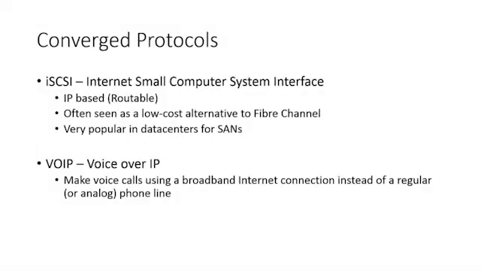And then VoIP, I've talked about that a couple times already. Voice over IP, or VoIP, is making calls using broadband internet connections instead of the older analog telephone lines. You know, we had those growing up, right? You had to be so close to the wall until we got the cordless phones, and that was the greatest thing ever.